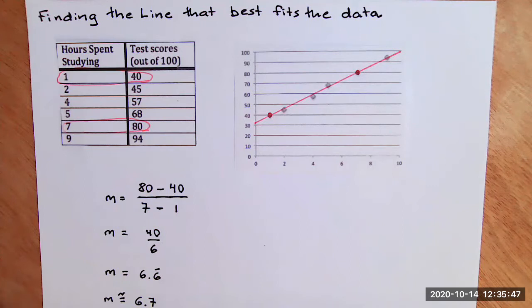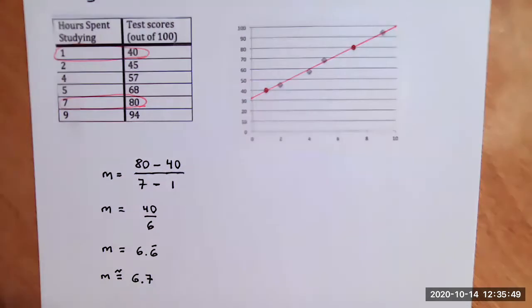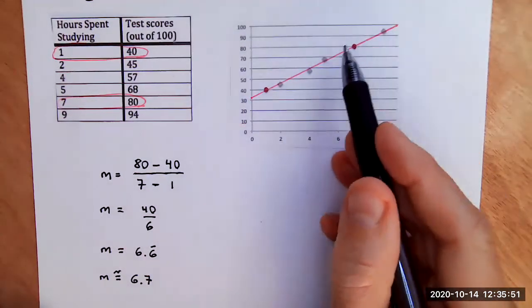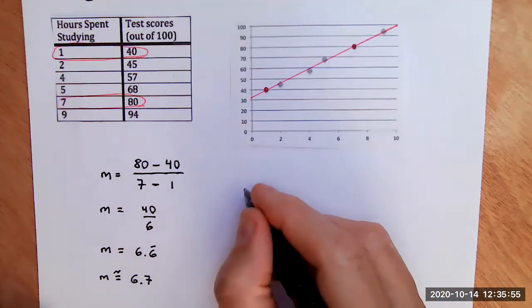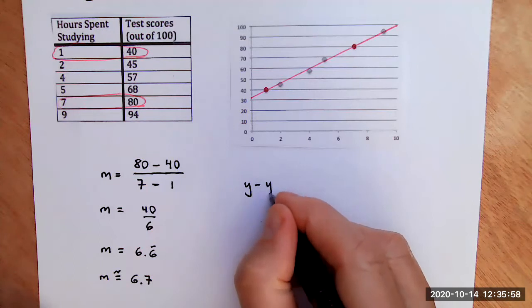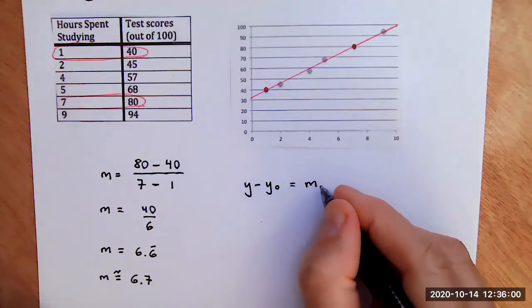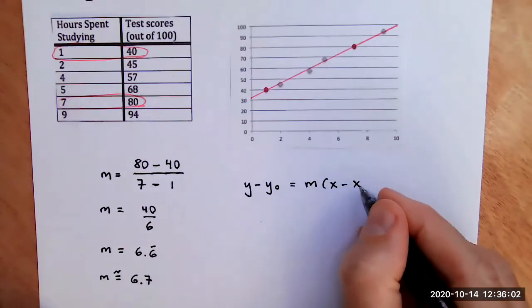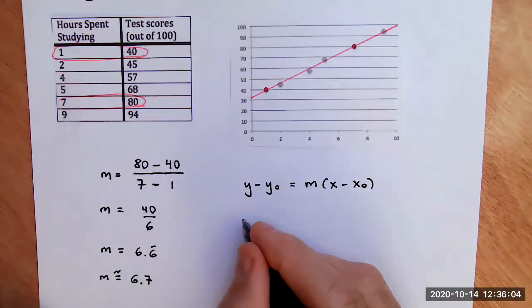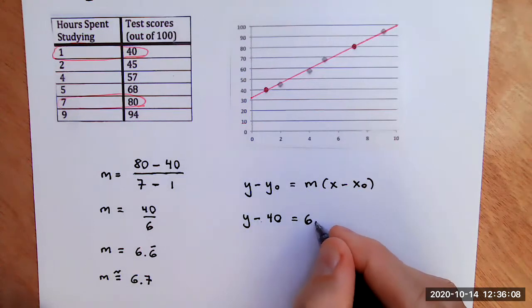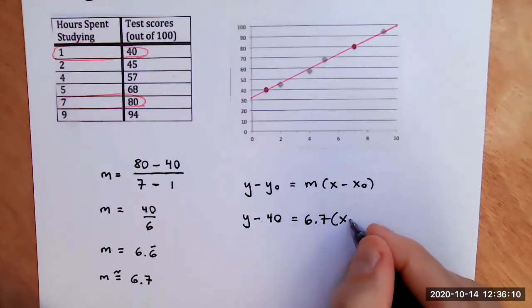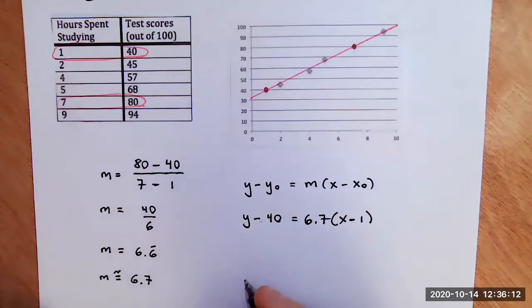And then to find the equation of the line, you'll want to use any point on here. So I'll go ahead and use this 1, 40. So y minus 40 is equal to 6.7 times (x minus 1).